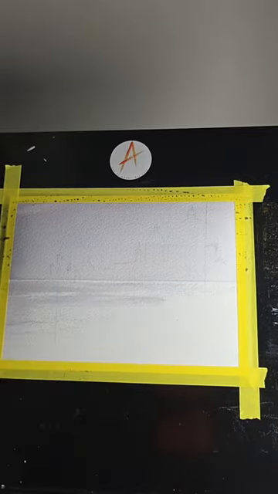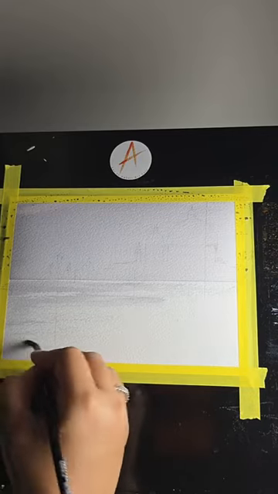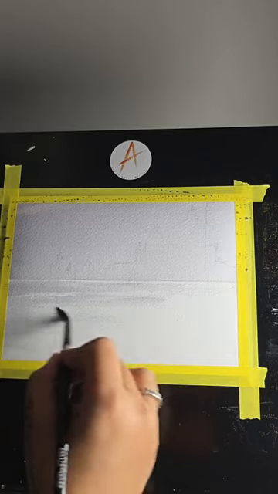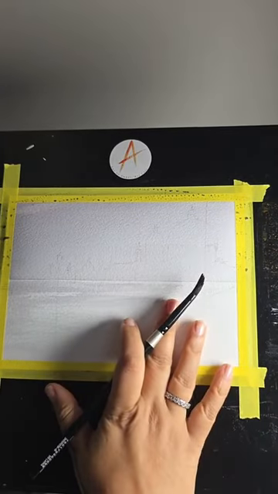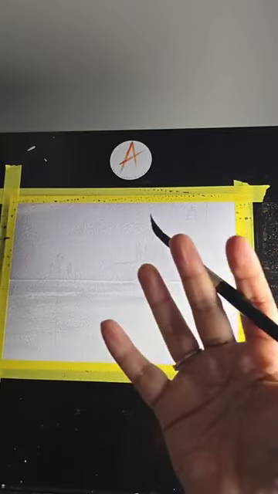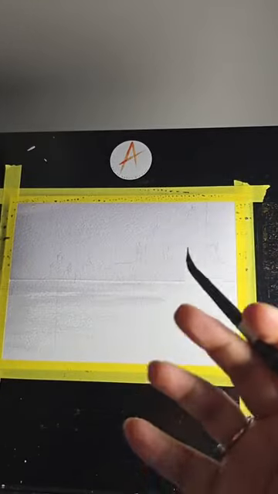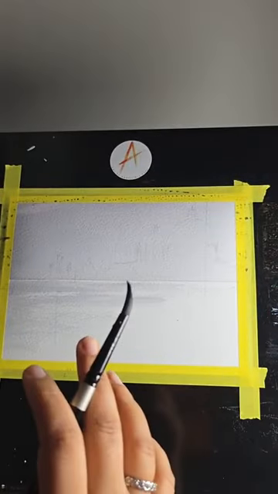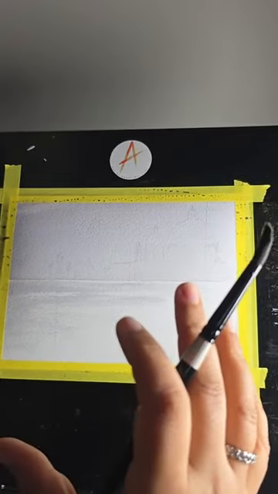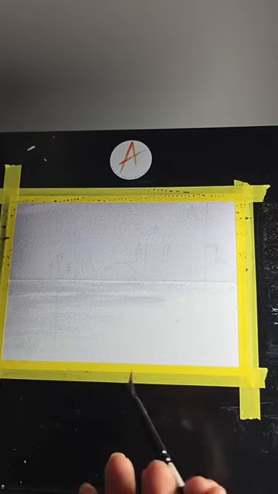Always remember, watercolor looks 2-3 shades lighter after it dries. Most of the time people complain that my watercolor looks very dull, my watercolor looks very light. That means the ratio of your water and pigment decides how your watercolor is going to look.